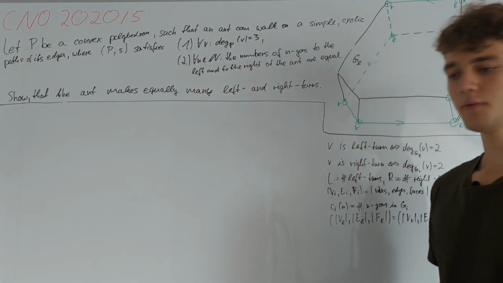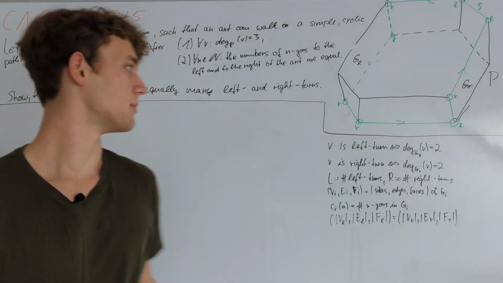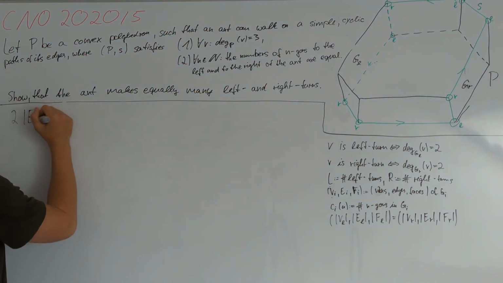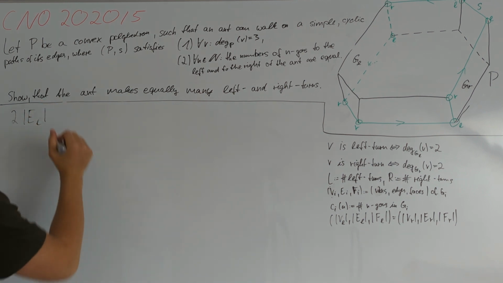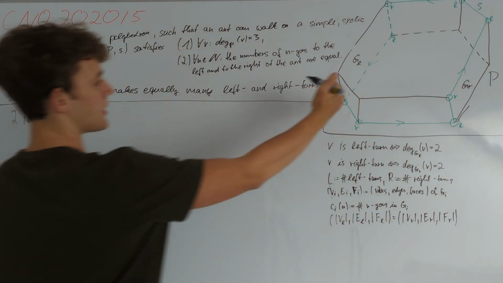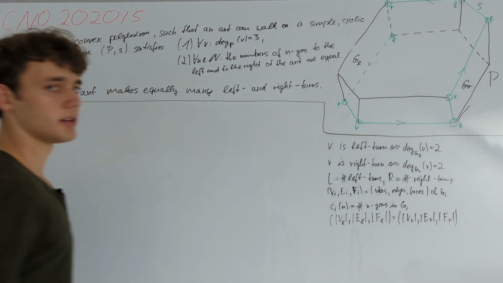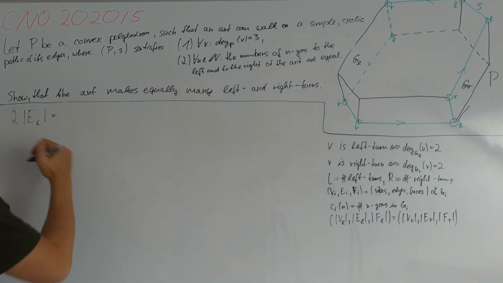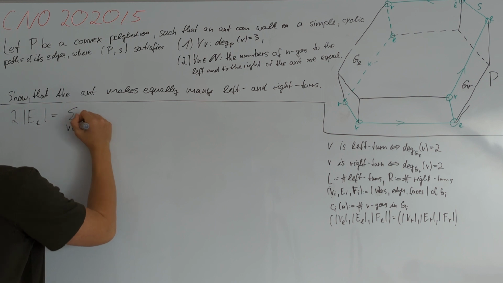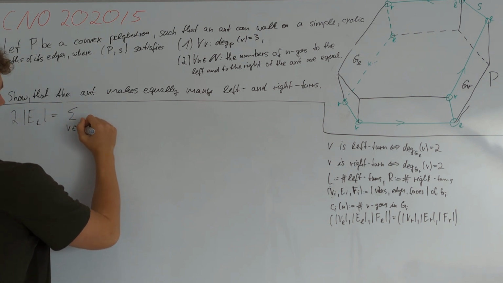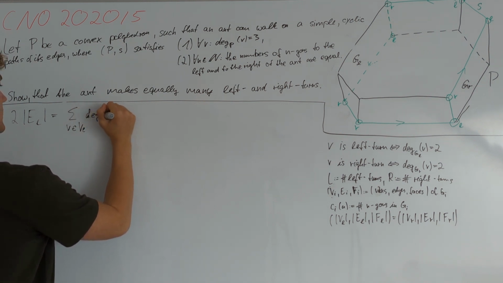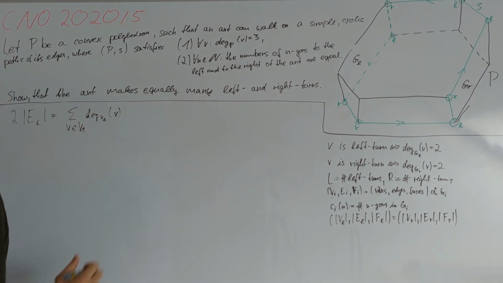We're going to finish our proof by using the handshaking lemma. We can count twice the number of edges in GL by summing all of its vertex degrees, because every edge is adjacent to exactly 2 vertices. I'm going to write this down: the sum over v in VL of the degree of v.